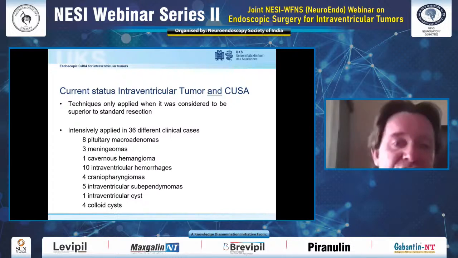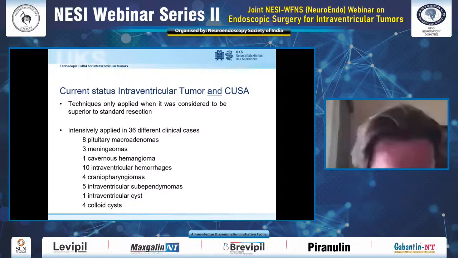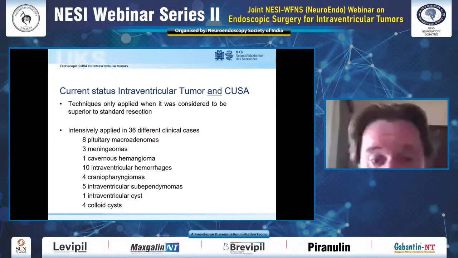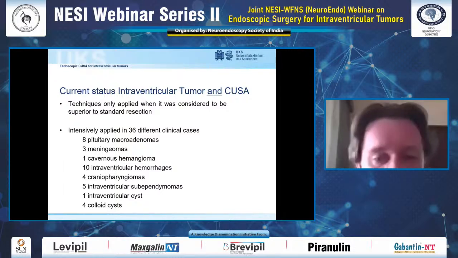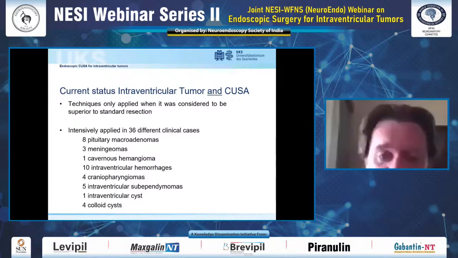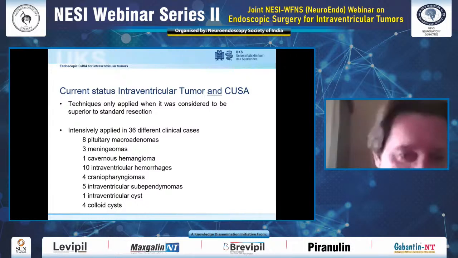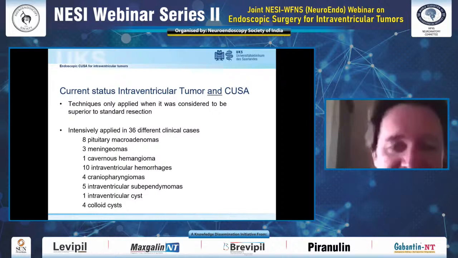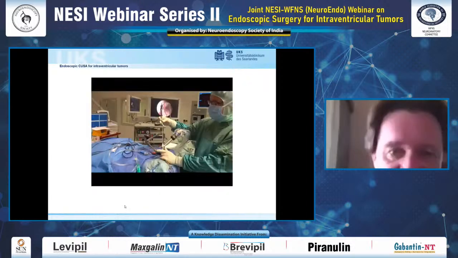There were 8 huge pituitary macroadenomas extending into the ventricles, 3 ventricular, 4 craniopharyngiomas, which I think is a very good indication. 4 subependymomas, which, in my opinion, is also a very good indication, and 1 cyst and 4 colloid cysts, which I think is also a very good indication. So everything which is rather non-vascularized and in the ventricular system with a large size is a good indication. This is how we use it.